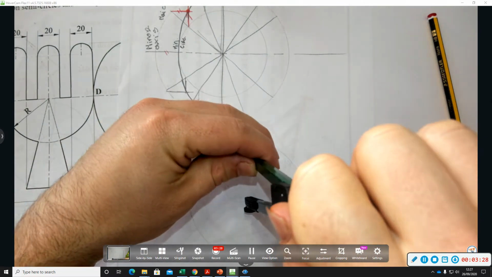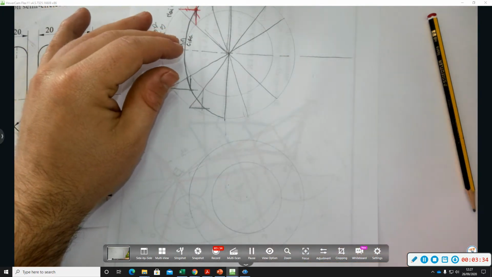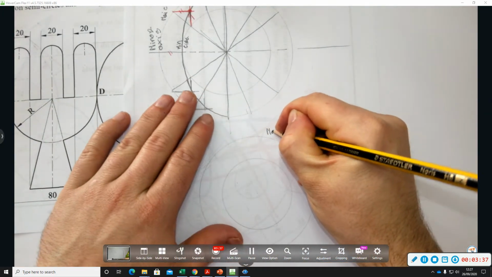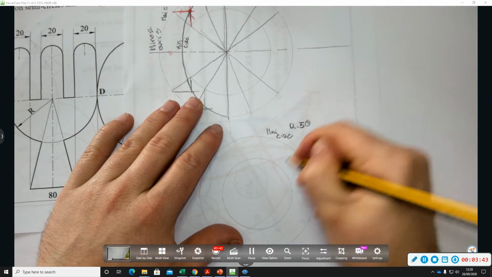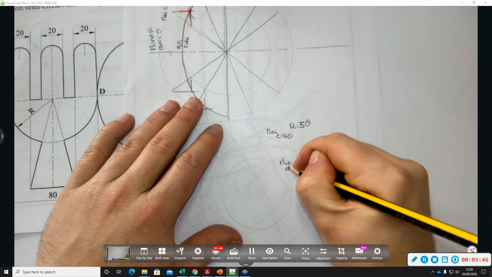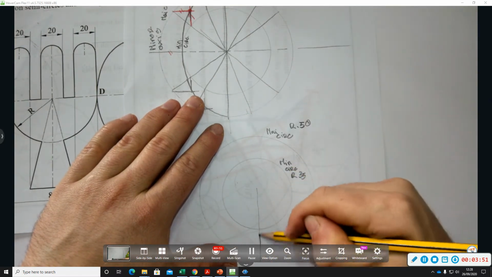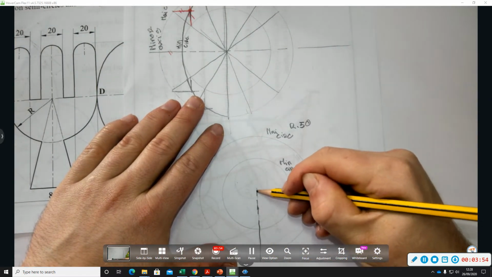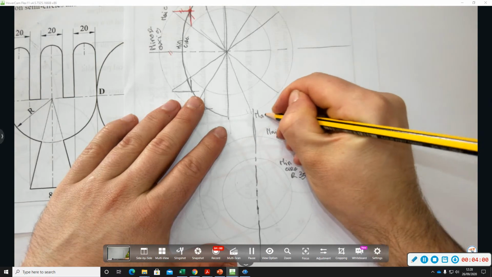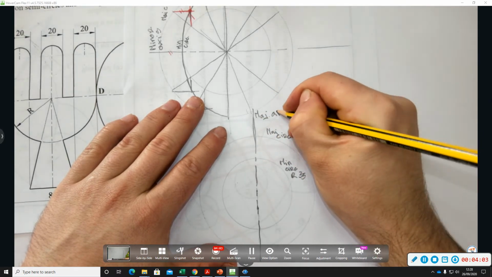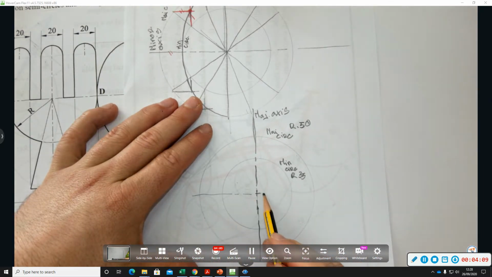Radius 50 is our major circle, and the radius of our minor circle is 35. Now because the ellipse is standing up, so to speak, our major axis is vertical, and our minor axis is positioned horizontally.